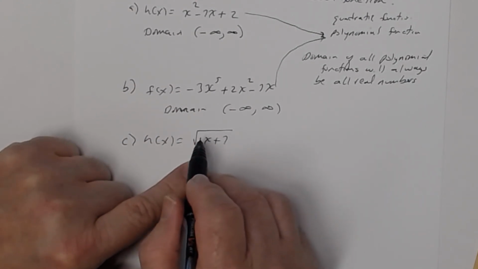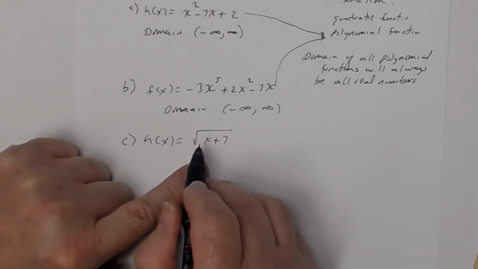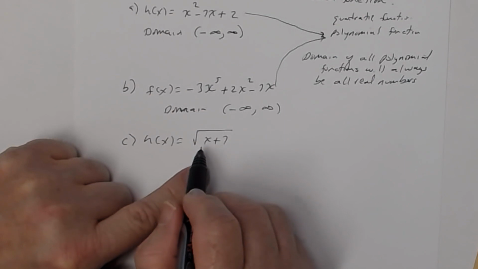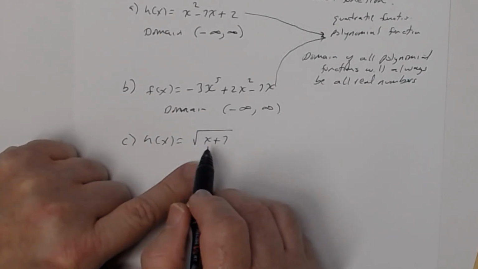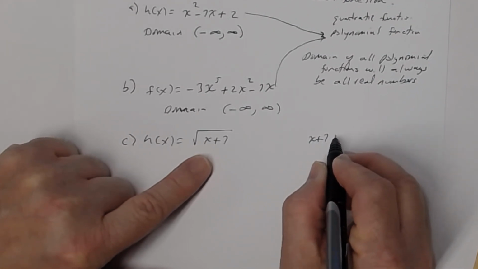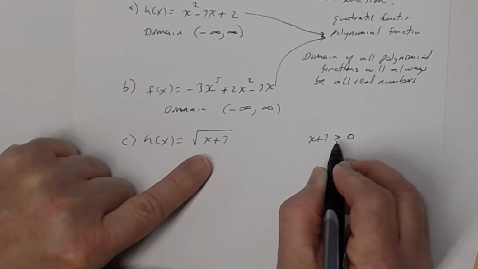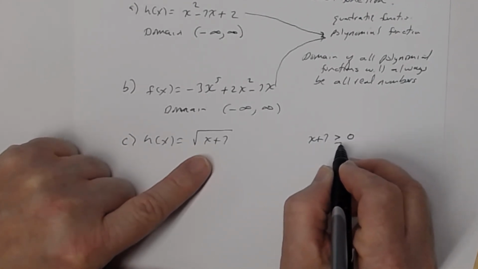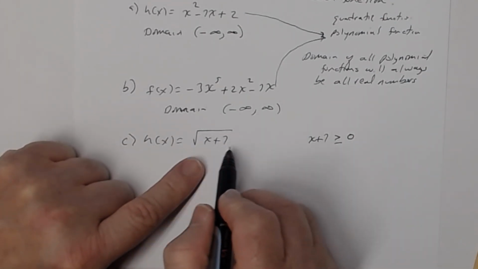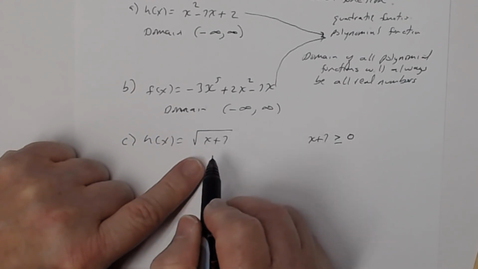So when I find the domain of this square root function, I have to make sure that this radicand, which is x plus 7, must be positive. Greater than 0 is positive, or it can be equal to 0. The radicand must never be negative.